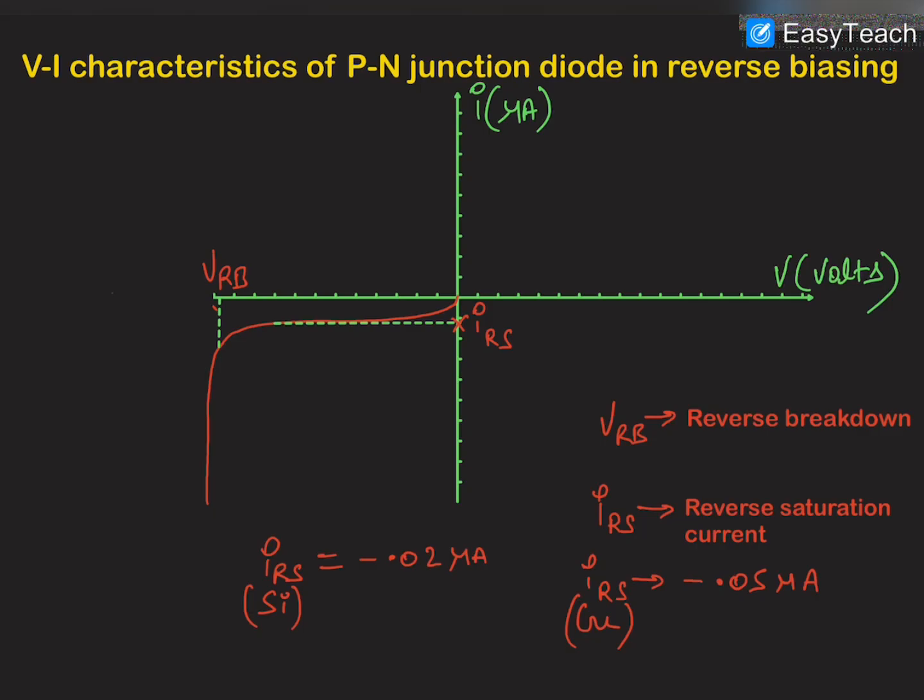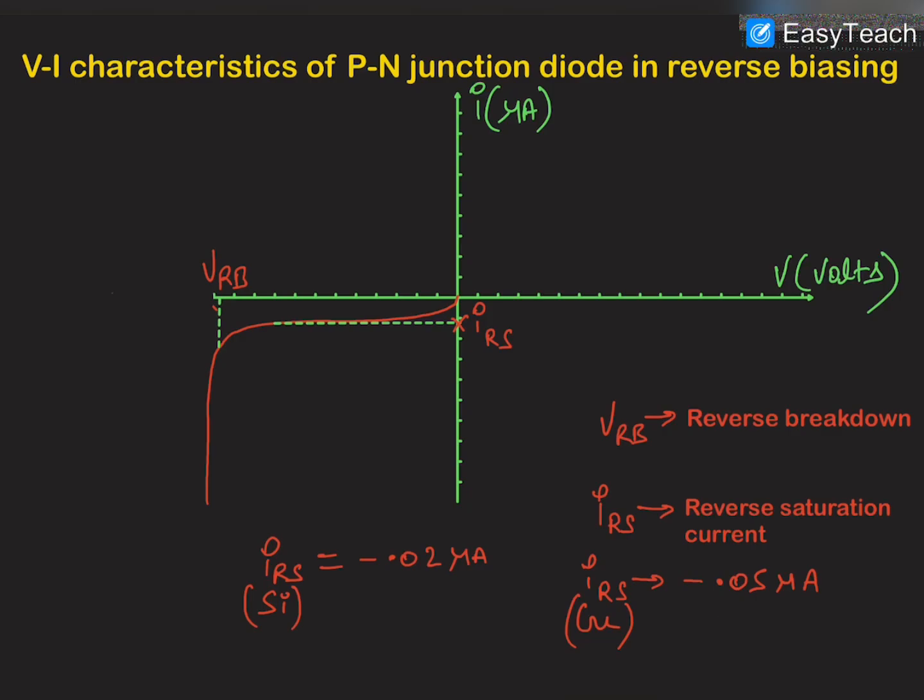Now the reverse saturation current for a silicon diode is around 0.02 microampere, and for a germanium diode it is around 0.05 microampere. It is slightly greater for the germanium diode because the forbidden energy gap in germanium is less than that in silicon. So it is easier for covalent electrons to jump from the valence band to the conduction band in germanium.